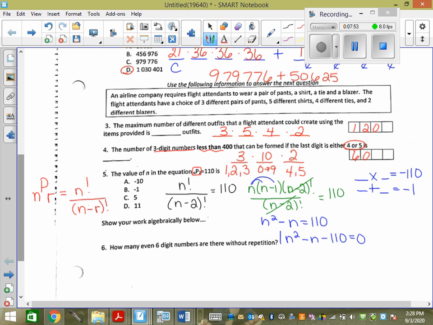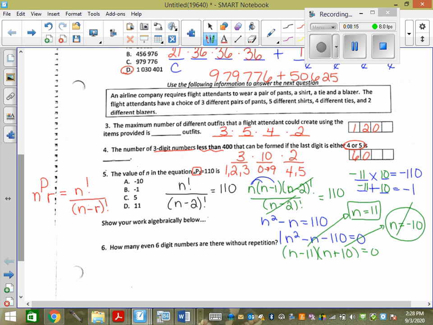What's it going to be? Negative 11 and 10. So we get n minus 11, n plus 10. So n equals 11, n equals negative 10. 11 works, obviously. That one's extraneous.